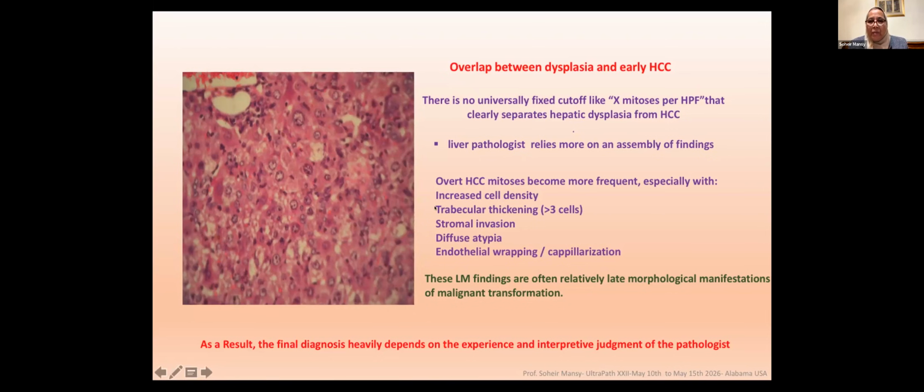When all these parameters join together, the lesion will be a relatively late morphological manifestation of malignant transformation. For this, usually for the detection of early malignant transformation, pathologists depend on their own experience and interpretive judgment.